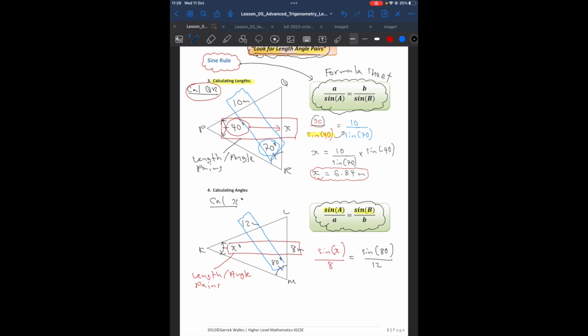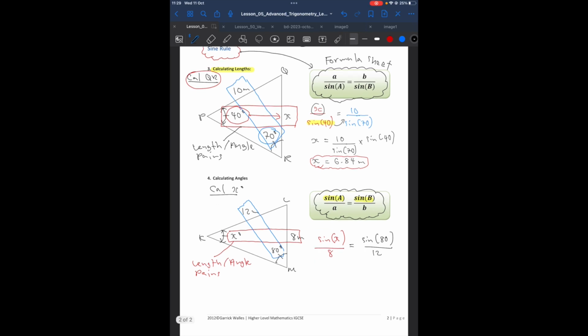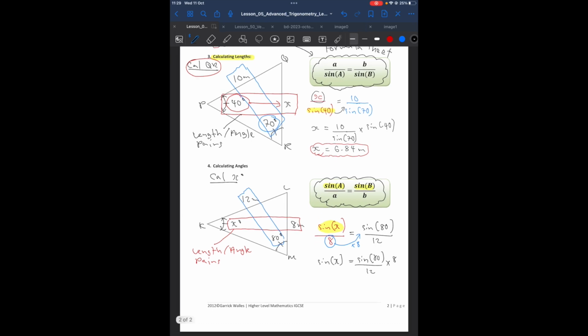The next step is just to use a little bit of algebra to get the value for sine x. So we want to get the sine x on its own. So all we're going to do is bring this divide by 8 over to the right, so it becomes a multiply by 8. And we write sine x, because that's what's going to be left on the left-hand side, equals sine 80 over 12 times 8.